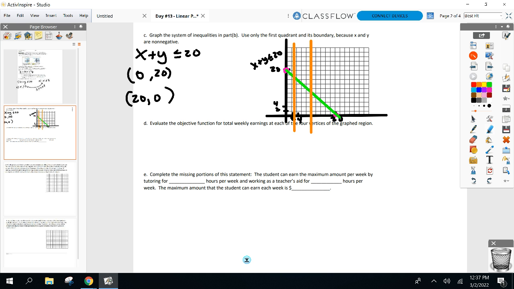Mark the corners of your figure. You should have 4 corners here. 4 corners, I hope. Here's my figure right here.